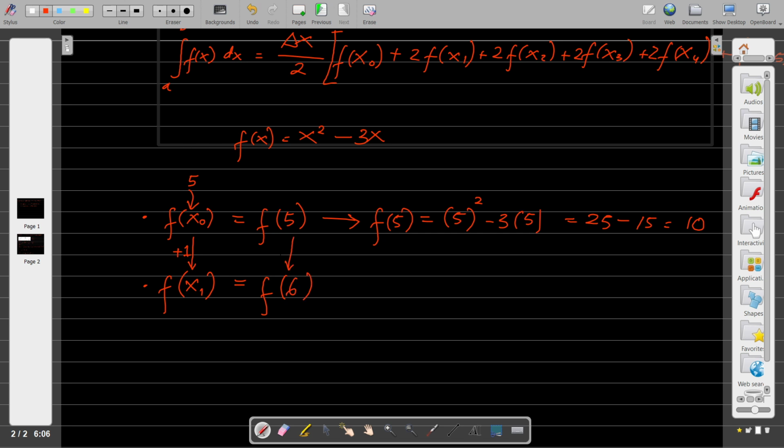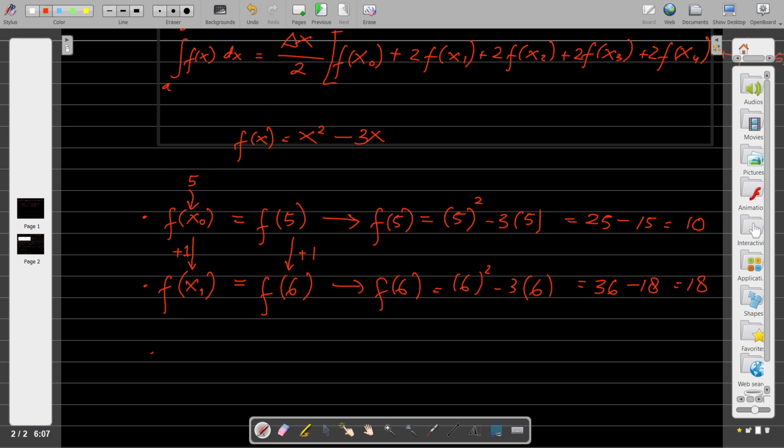So f(6) must be 6 to the power of 2 minus 3 times 6, so this is 36 minus 18, so this will be 18.